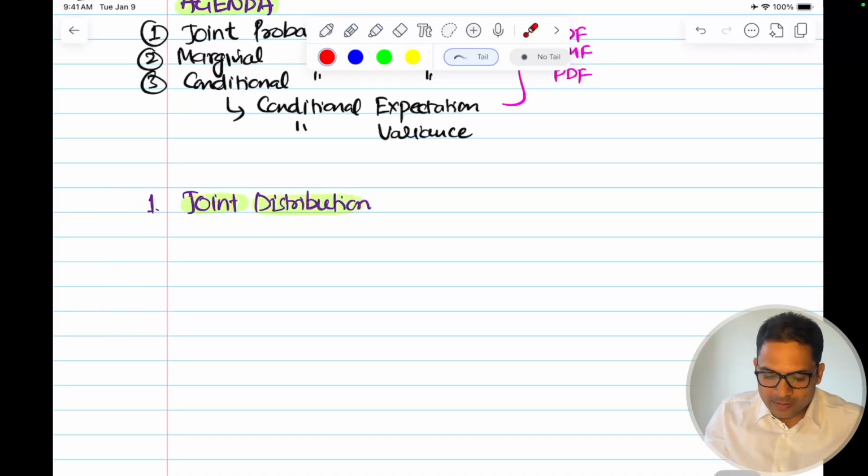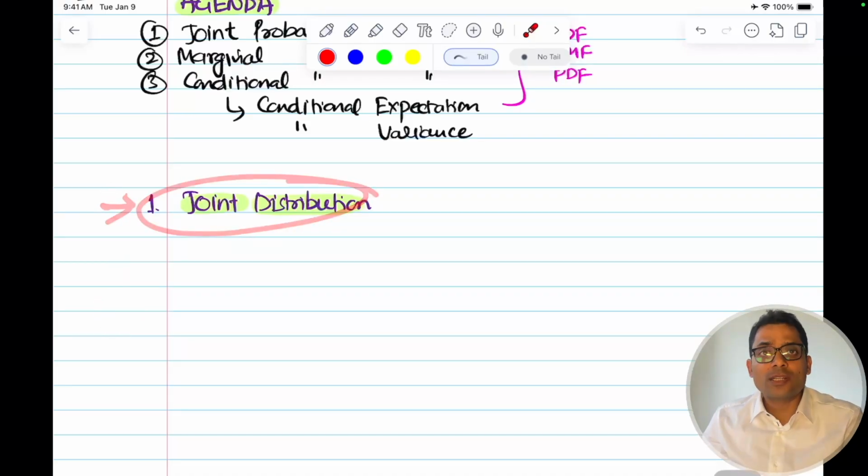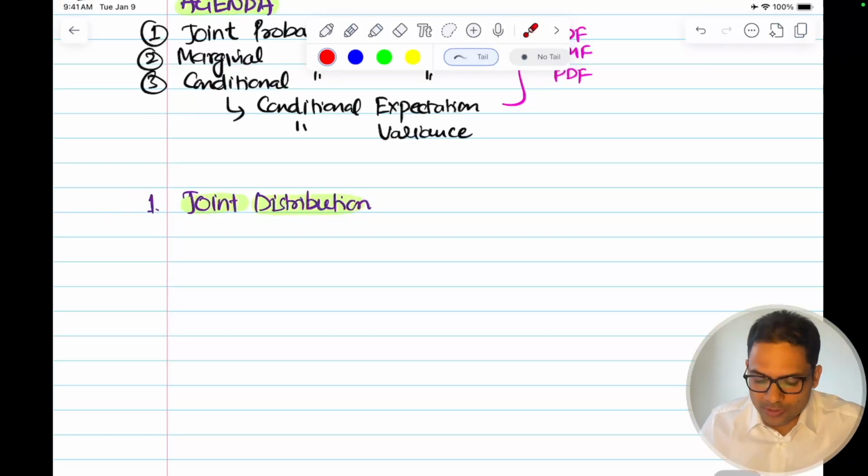So what's joint distribution or joint probability distribution? This is the probability of two or more random variables occurring simultaneously.